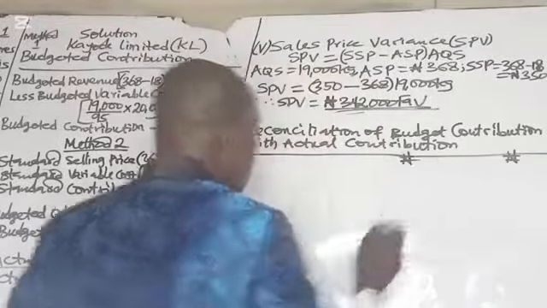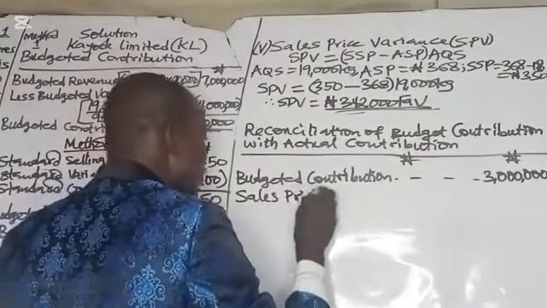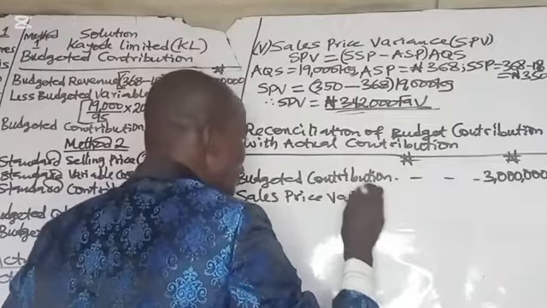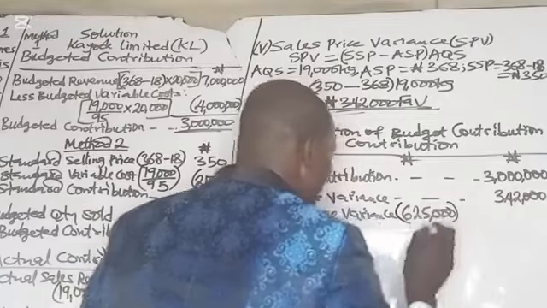Then we have sales price variance, and that is a favorable variance of 342,000. We add the favorable variance. Then we have market size variance. Our market size variance was 625,000 adverse. Adverse variance is a negative variance.